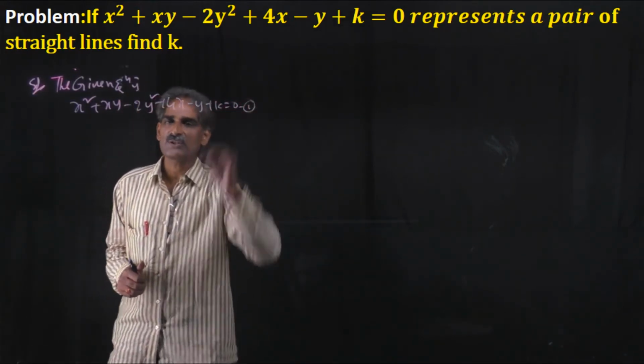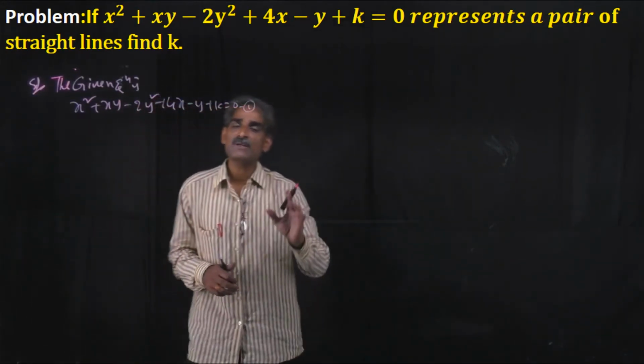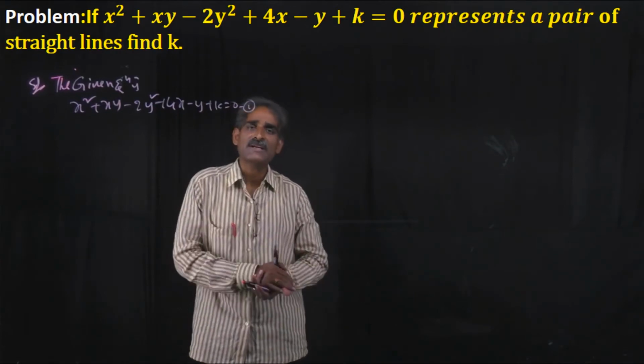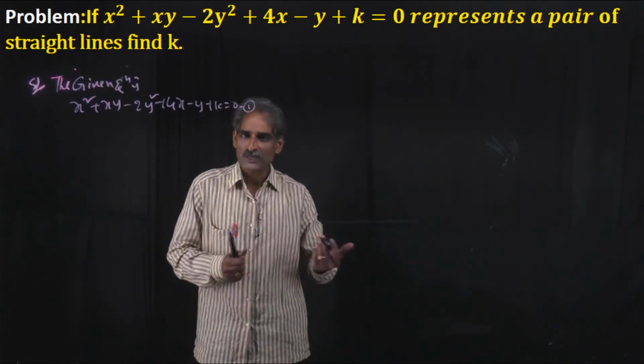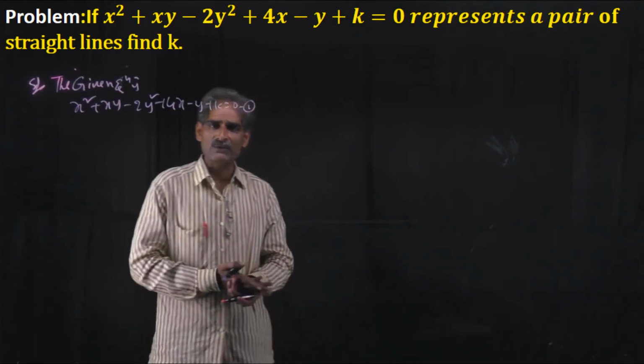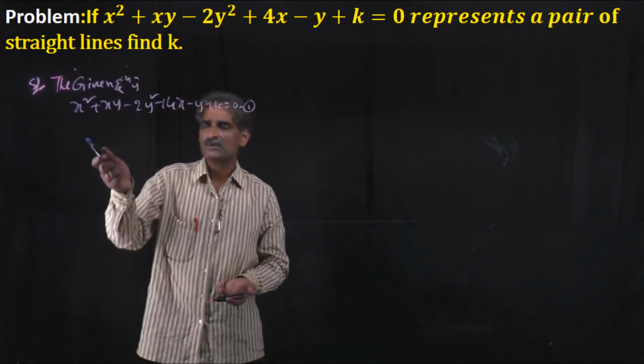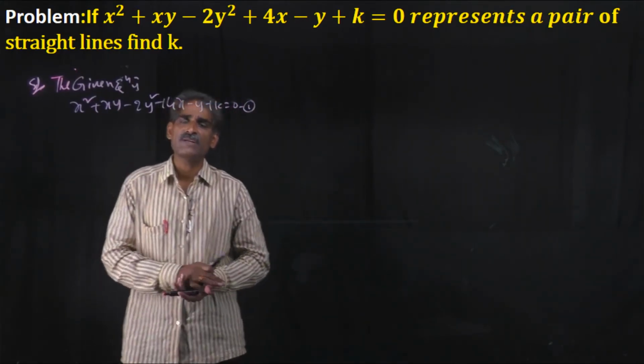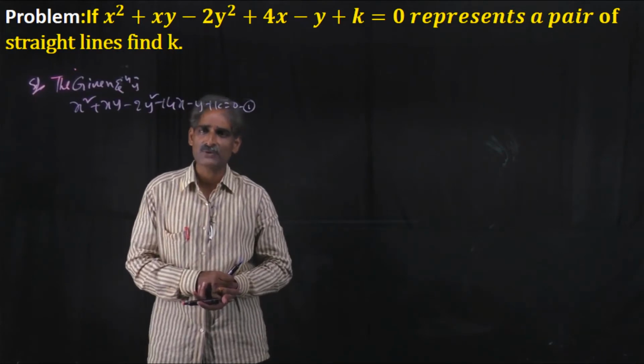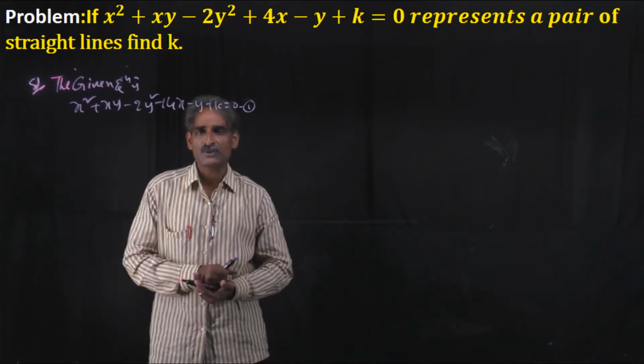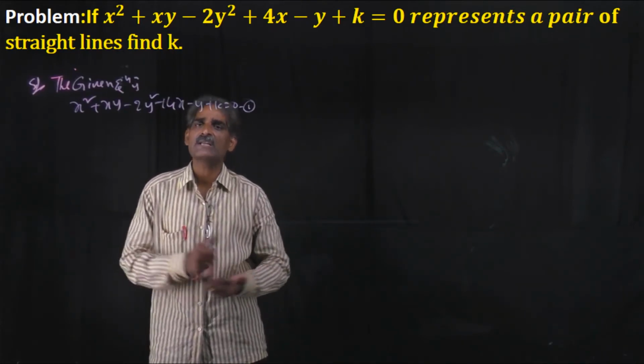This represents a pair of lines, so it must satisfy delta equal to 0. With the help of delta equal to 0, we have to find the k value. Just by comparing this equation, find out a, b, c, g, h, f values, and after that substitute in the delta equal to 0 formula, then we will get the k value.